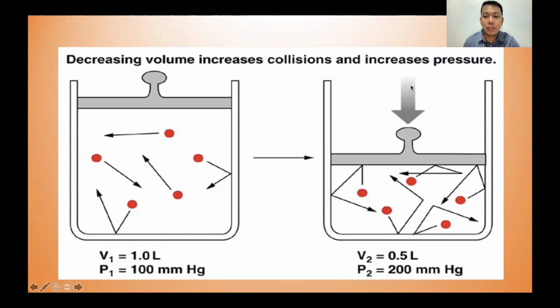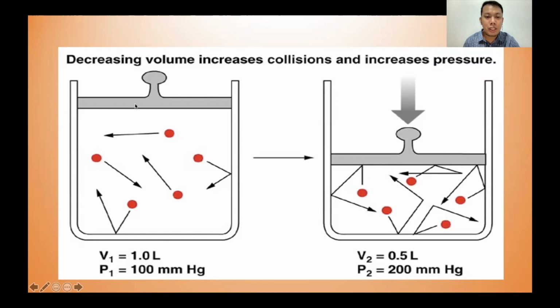So when you push the syringe here, you have increased the pressure and decreased the volume. Since there are a lot of spaces between the gases, they can easily be compressed.